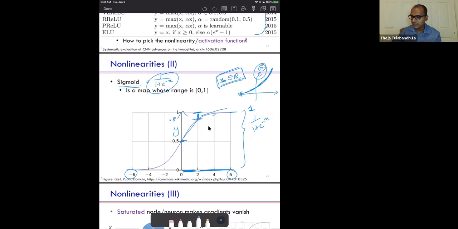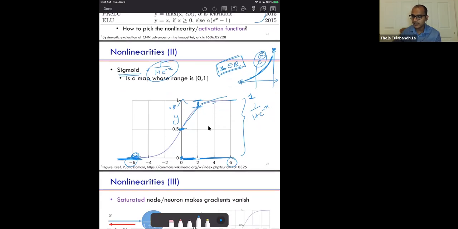So e to the power 10,000, we know how big that number is going to be, a huge number. 1 by e to the power 10,000, because the plus 1 doesn't really matter, is going to be a very small number. So the smallest value that the sigmoid can take is 0. And at x equal to 0, e to the power minus 0 is basically 1. So 1 by 1 plus 1 is 1/2. So at 0 it's 1/2.